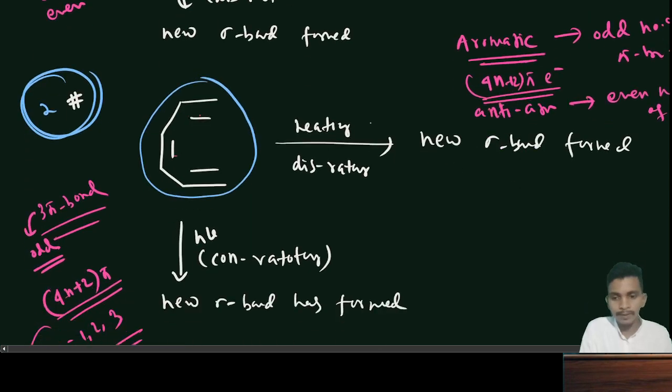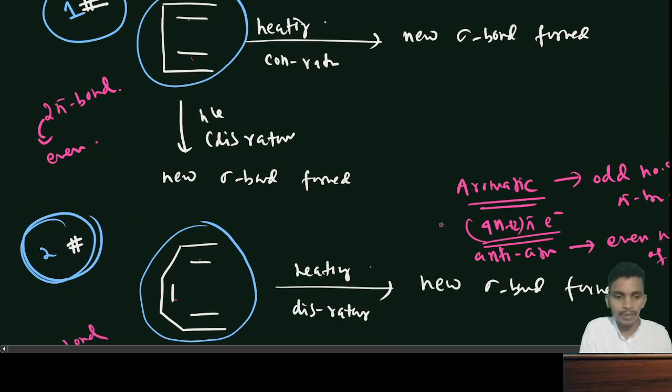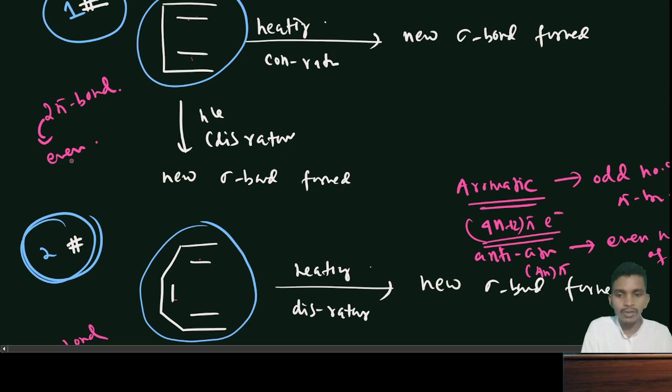And now if it is even, in that case we apply the 4n rule for pi electrons, so that is 4 pi, where n is equal to 1, 2, 3.